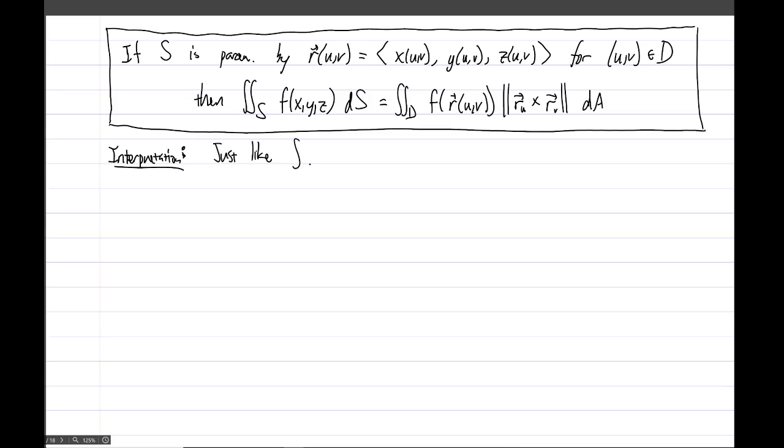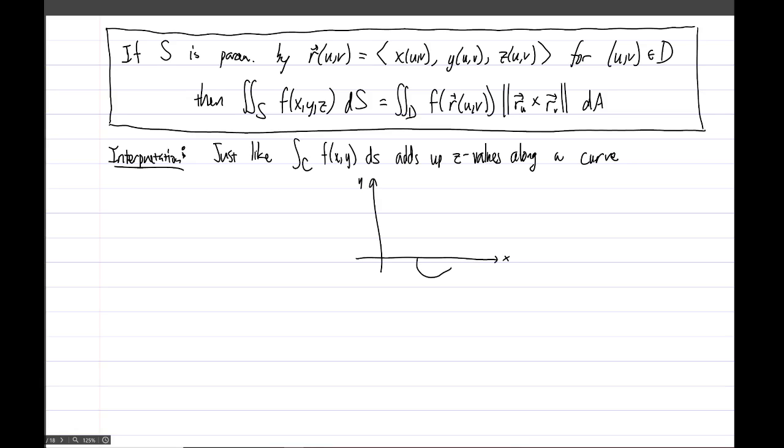Just like the line integral over a curve C of f of x comma y ds adds up z values along a curve. For instance, in the xy plane you have a curve somewhere, and maybe you travel this way along it, starting here and ending there.